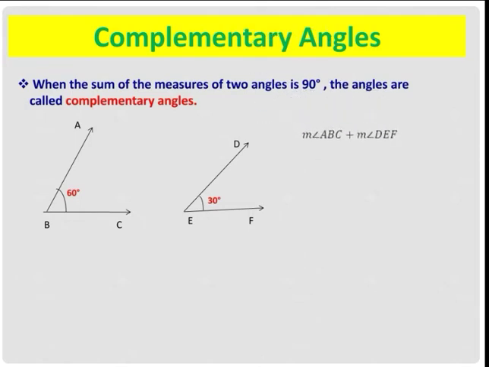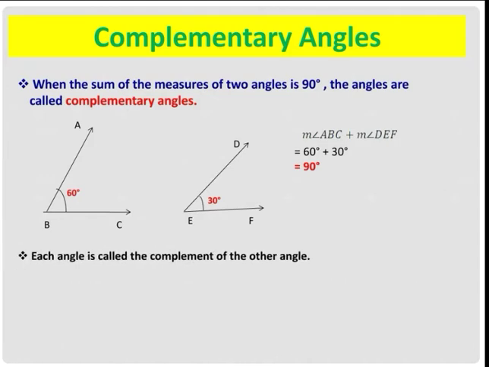Now if we add these two angles, measure of angle ABC plus measure of angle DEF is equal to 60 degrees plus 30 degrees is equal to 90 degrees. So these two angles are complementary angles. Each angle is called the complement of the other angle. Two obtuse or two right angles cannot be complements of each other.